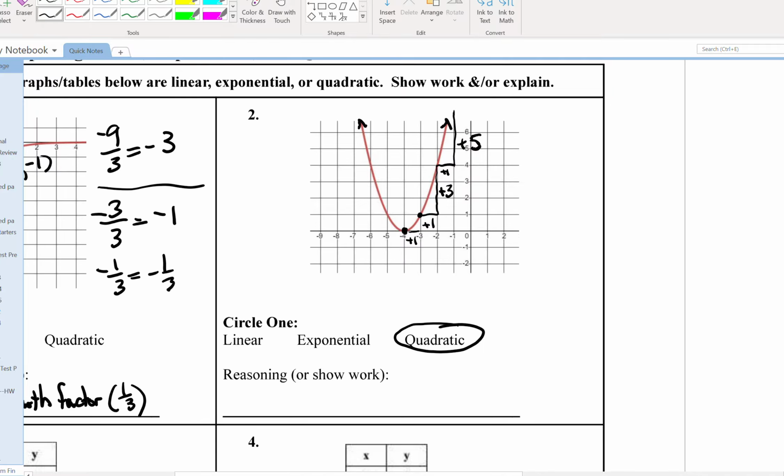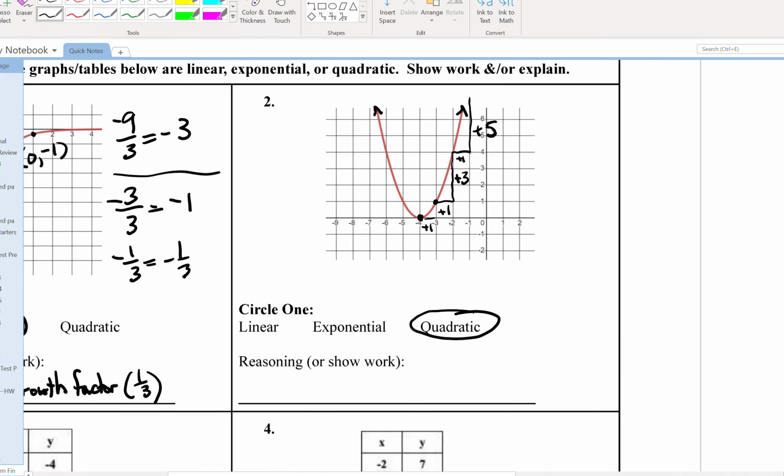But here, what you have is the second difference. If I take 5 minus 3, that's 2. That'd be plus 2. And 3 minus 1, that would be plus 2.